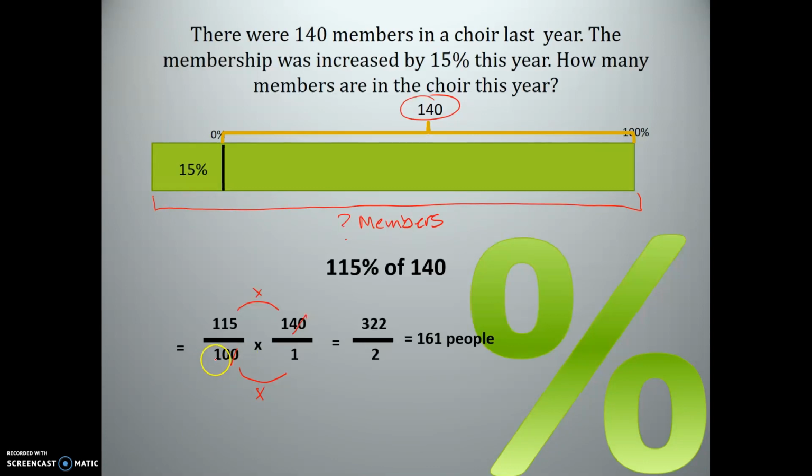And then, it looks like I cross-canceled this, and I divided 10 by 5, and I got 2 up here, and then I divided 115 by 5, and I got 23. So 23 times 14 is 322, and 2 times 1 is 2. All right, so making sense, I hope? Let's keep going.